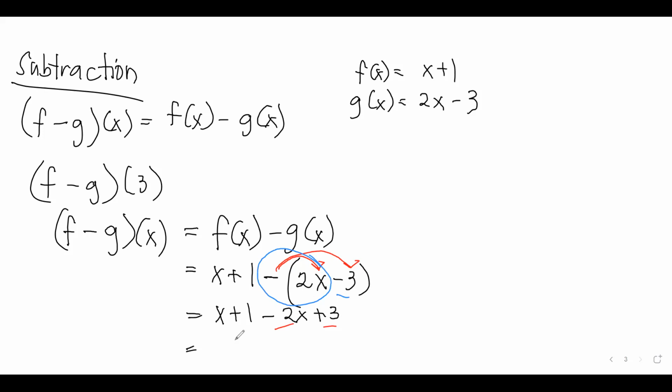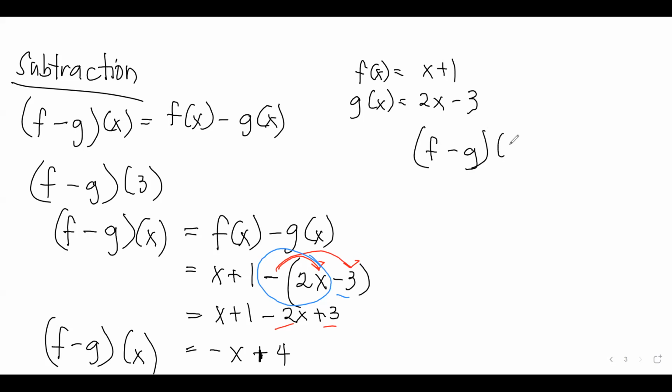Okay? So, simplify. Let's have negative x. X minus 2x is negative x. 1 plus 3 is positive 4. So, negative x plus 4. Ito yung f minus g of x. Ayan. So, ang hinahanap natin is f minus g of 3.